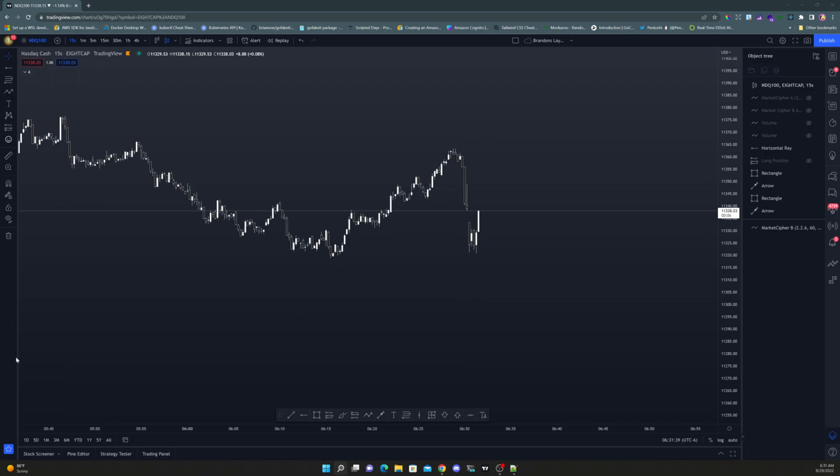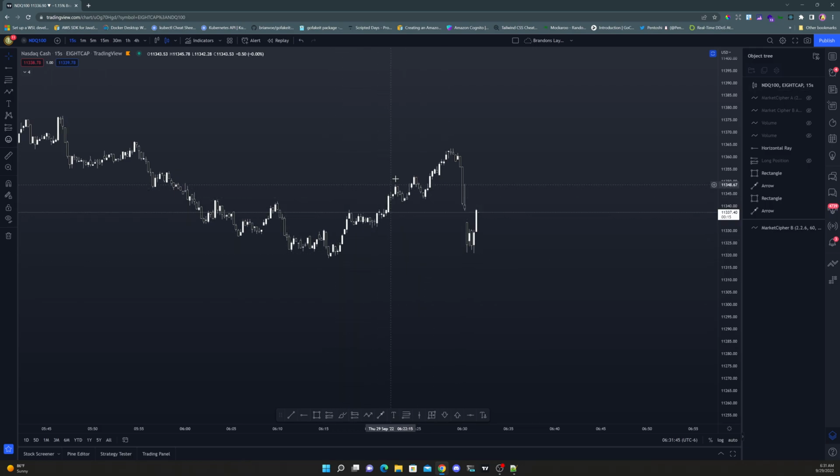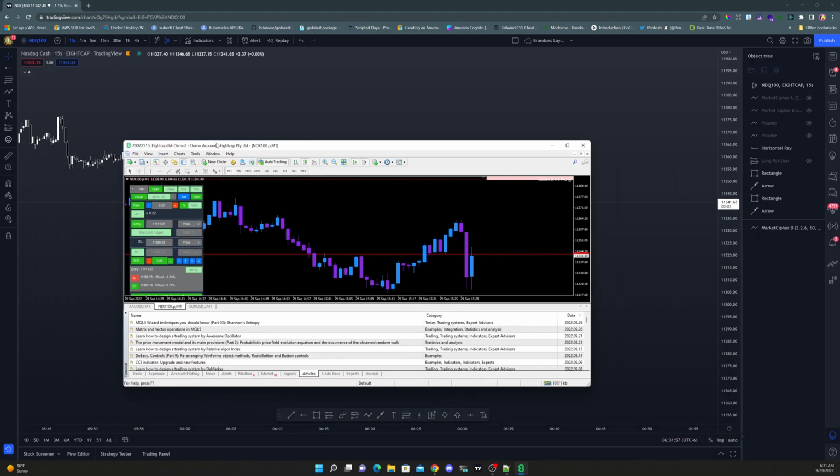So actually, let's, because if you're looking on the 15-second candlestick structure, break one right here. This may be a little too crazy. So here's what I'm looking at.